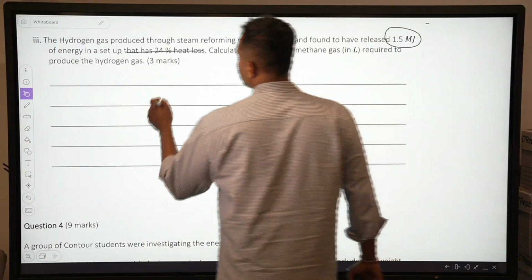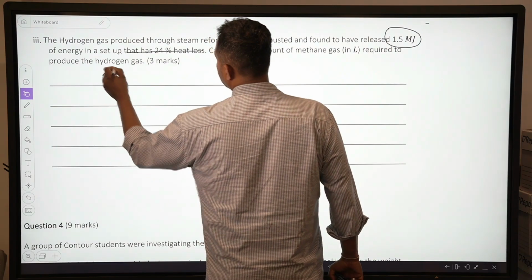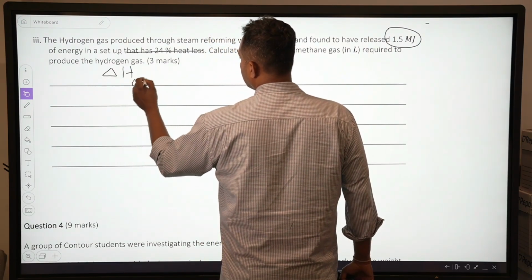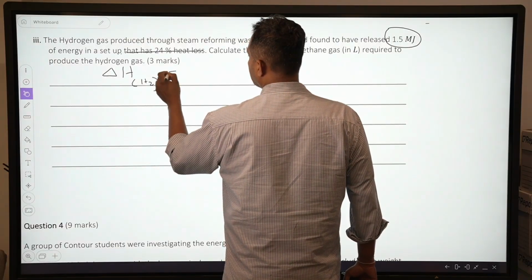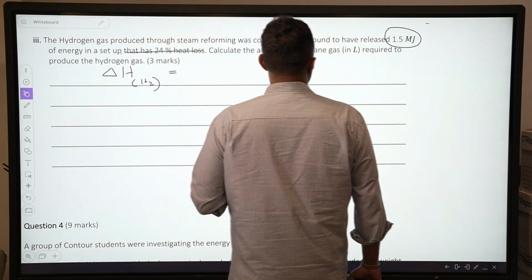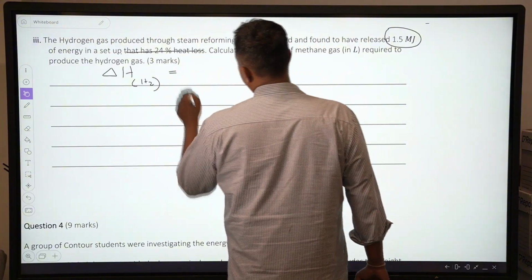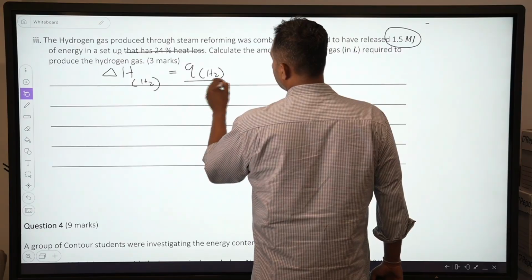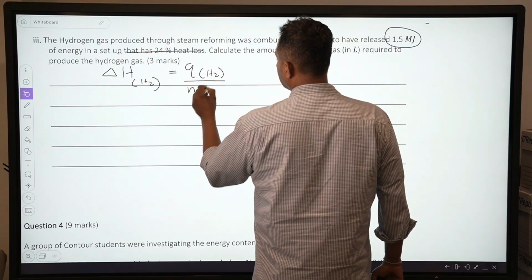All right, this time I'm going to use the formula ΔH, in this case hydrogen, is equal to the energy of the hydrogen divided by the number of moles of the hydrogen.